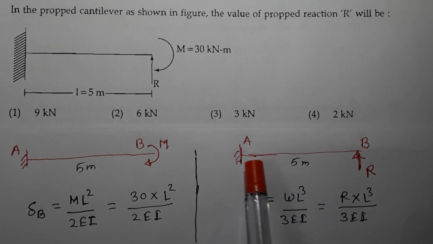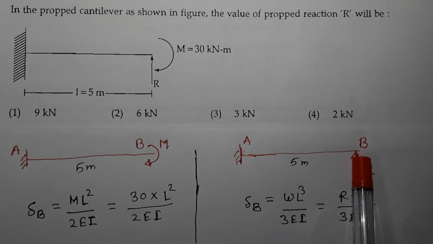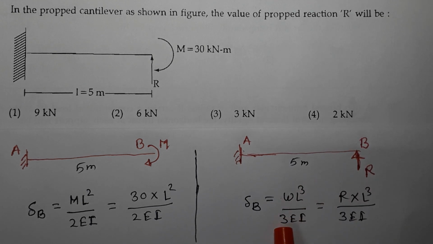In the second case, the cantilever is subjected to a point load at the free end. Now the deflection at the free end due to this point load will be WL cube divided by 3EI, which will be equal to, W is nothing but R, so R into L cube divided by 3EI.